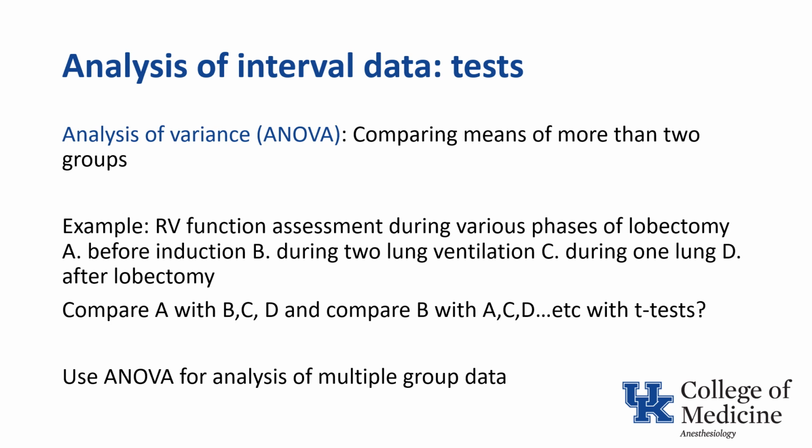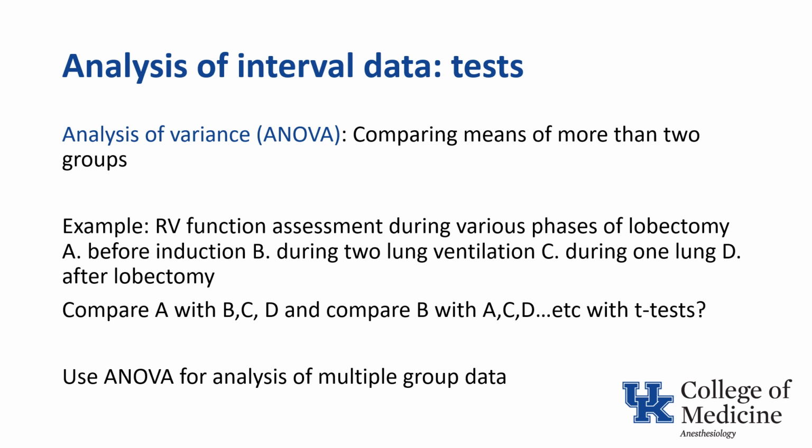One way to do it is use the t-test and compare the data set A with the means of the set B, C, and D, and then compare the mean of the data set B with the means of the data set A, C, D, and so on and so forth with t-tests. This is a very inappropriate use of statistics in this situation.